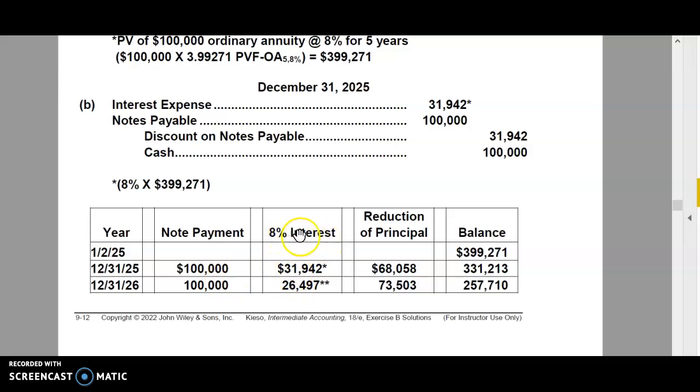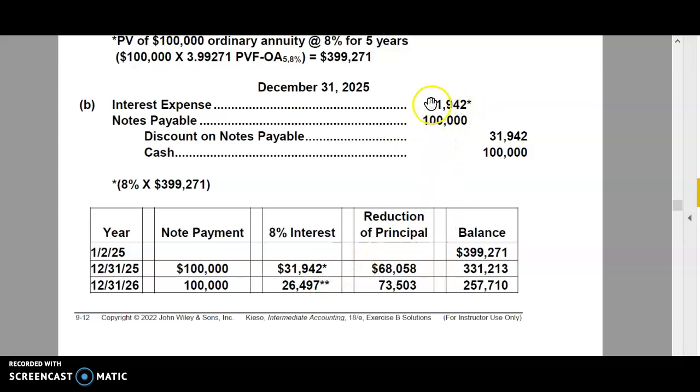Then you're going to do your 8% interest, and you're going to multiply the 8% by that balance. So 0.08 times the $399,271 will give you your interest amount. This is going to be your interest expense.